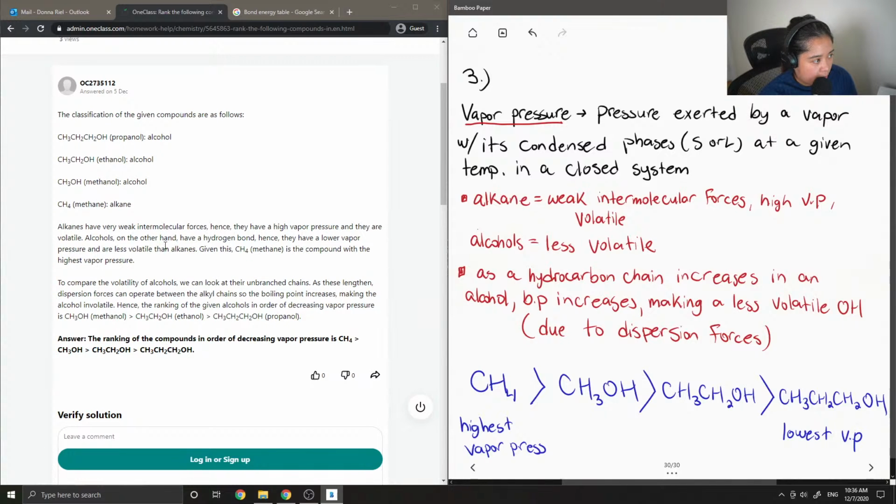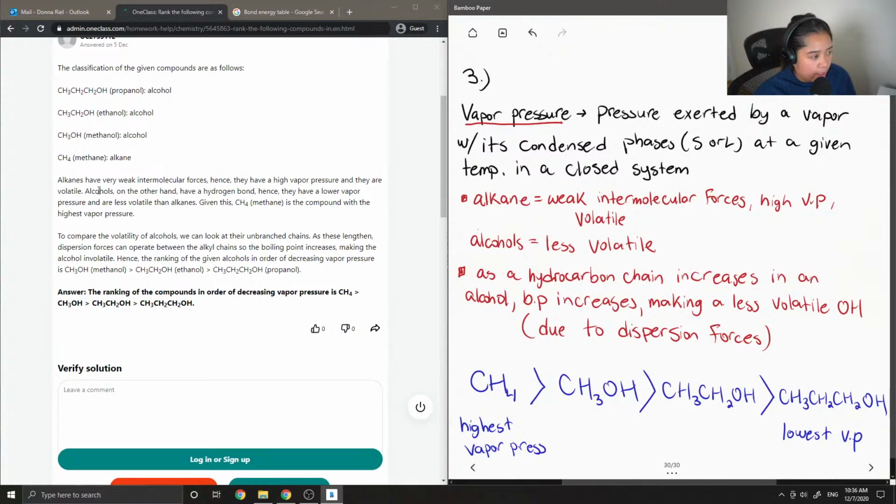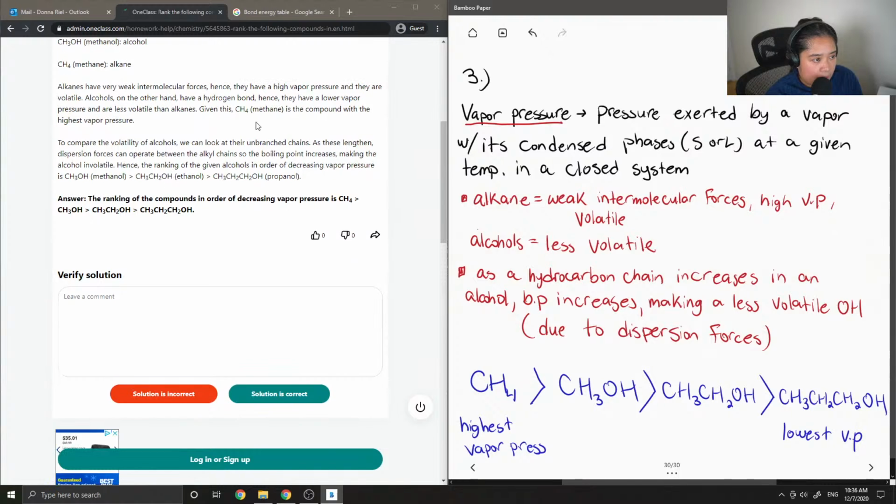Okay, so the junior tutor classified all the different compounds: propanol, ethanol, methanol, methane. Alkanes have very weak intermolecular forces, hence they have a high vapor pressure and are volatile. Alcohols, on the other hand, have a hydrogen bond, hence they have a lower vapor pressure and are less volatile than alkanes. Given this, methane is the compound with the highest vapor pressure.